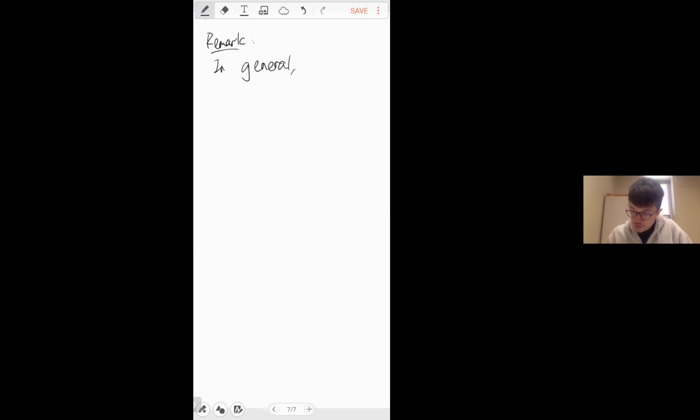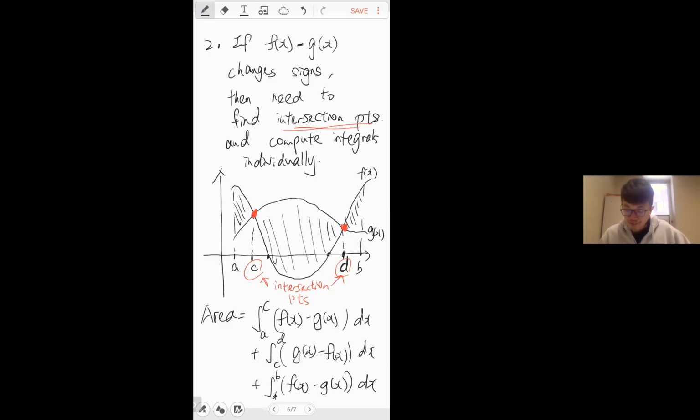So you can see that what we have done so far is we want to make sure that whatever you put inside the integral is always positive, right? So for example, in this situation, f of x minus g of x is positive from A to C. The same for D to B. So from D to B, f of x minus g of x is positive.